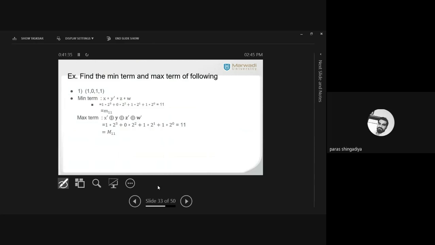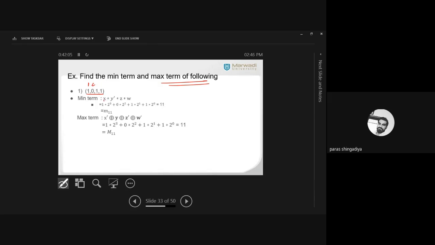And now here some random example is given that to find the min term and max term for the following data. Okay, so we have the 4 variable data is given that first variable is a 1, second variable is 0, third is a 1, and fourth is a 1. Okay, so just mapped as x, y, z, w, otherwise x1, x2, x3, x4. ठीक है, so min term का expression क्या होगा कि as we know that normal variable indicate 1, okay, and complement variable indicate 0 in the min term case.